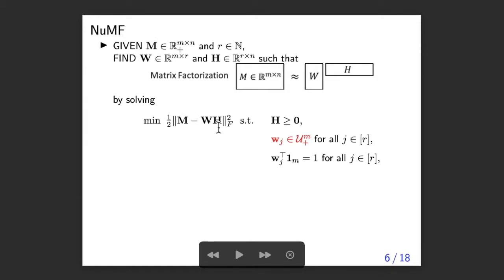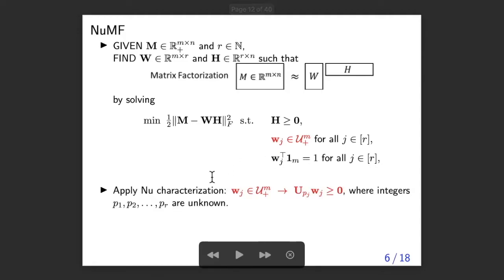You solve this problem, minimizing this distance subject to H being element-wise non-negative, and the columns of W, denoted by Wj, being NU. This is just a normalization constraint for W. If we apply the NU characterization, this is translated to this inequality, and then we introduce integer unknowns. This is the NUMF problem.